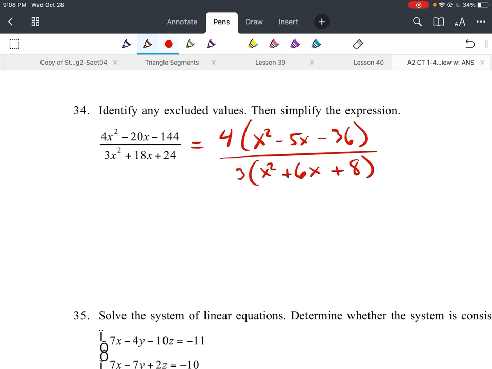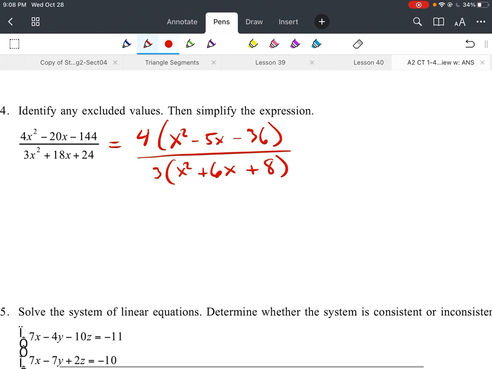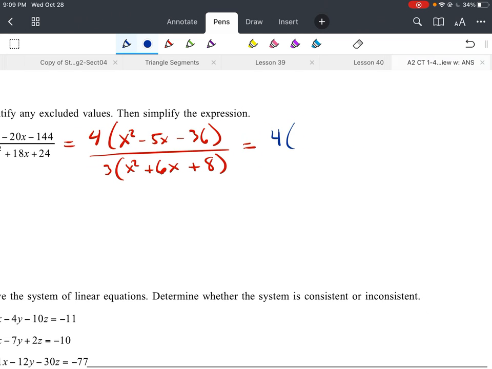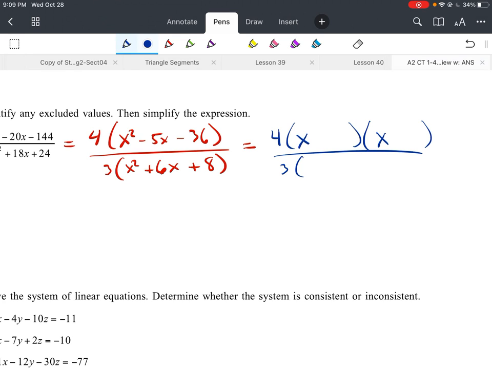But now we got to get to the fun part of factoring, where we take the different pieces apart. Let's see, we got 4 still carried along for the ride, and we're just going to break this up. x and x. And 3 goes out here, and again, x and x. All right, now how does this factor?